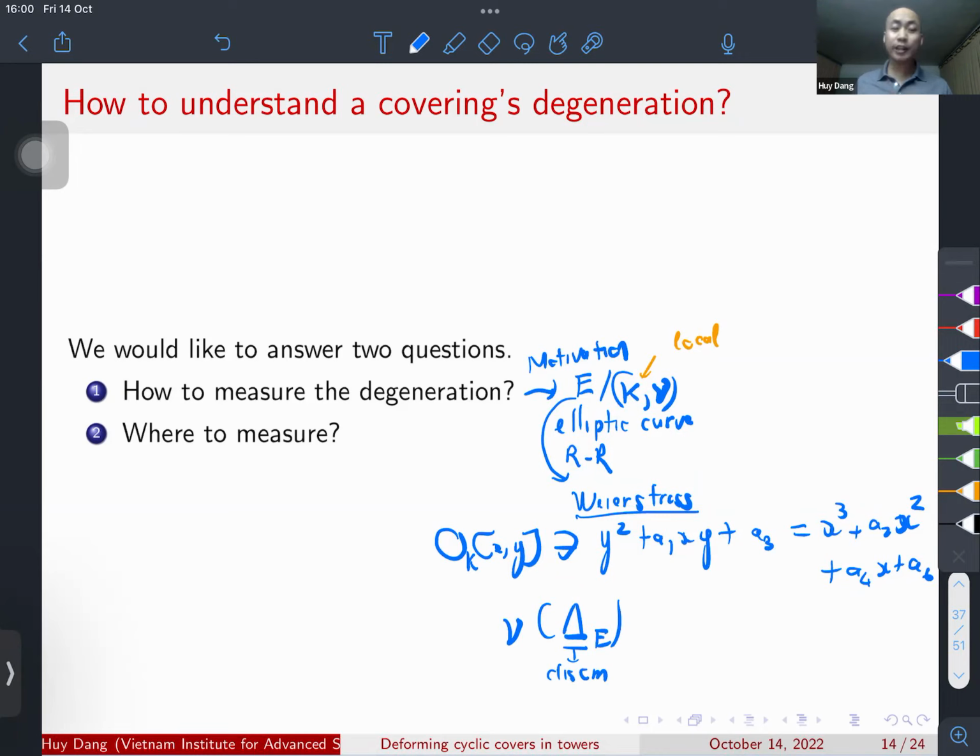And then whether the elliptic curve has good or bad reduction is determined by the valuation of the discriminant. In particular, if the valuation here is equal to 0, then we say E has good reduction. And when it is greater than 0, then E has bad reduction.